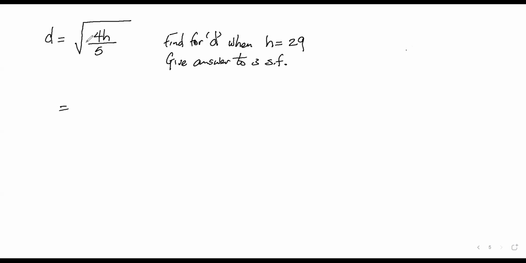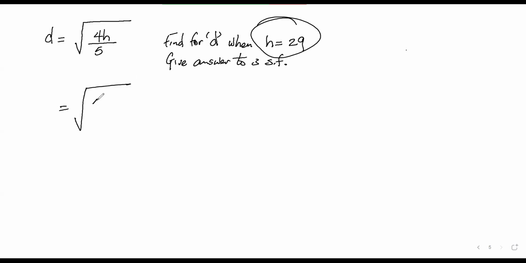So D is equal to the square root of 4h over 5. Johan say no, you made a mistake. Sienna, no. I'll show you where you made a mistake. They said make H equal to 29.